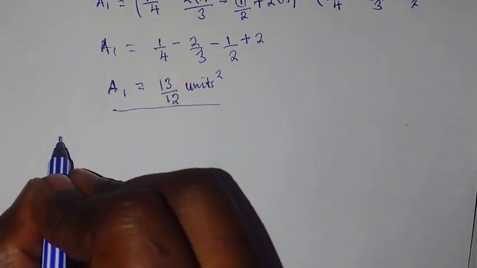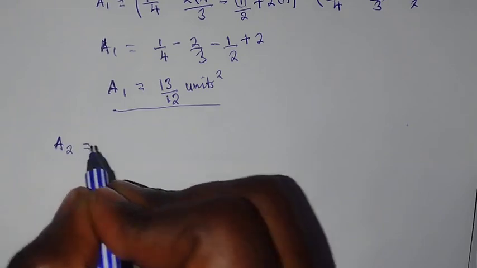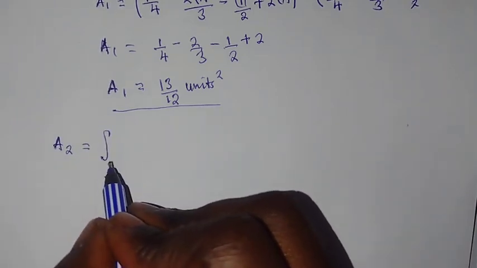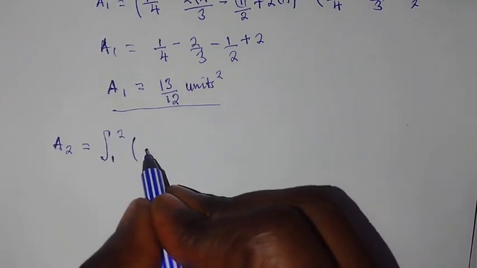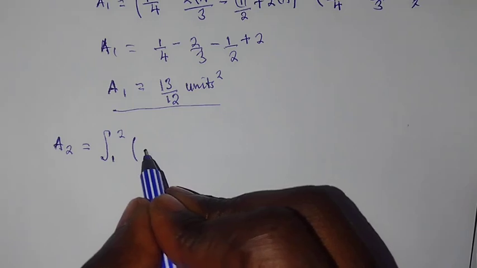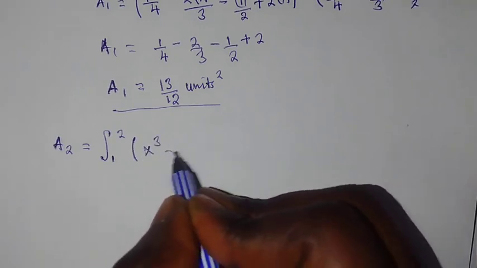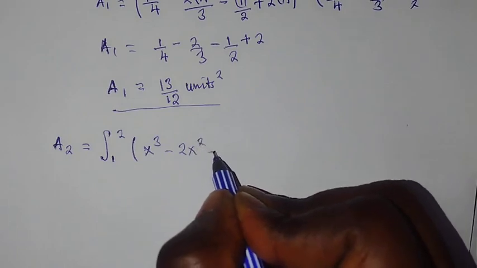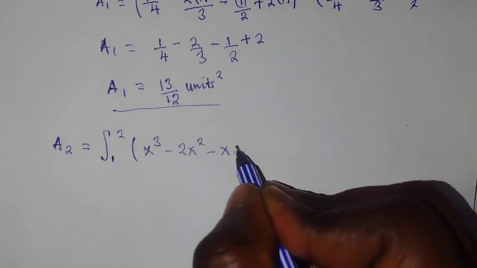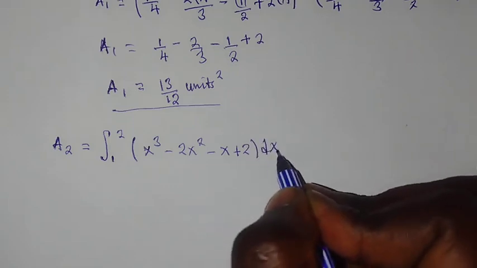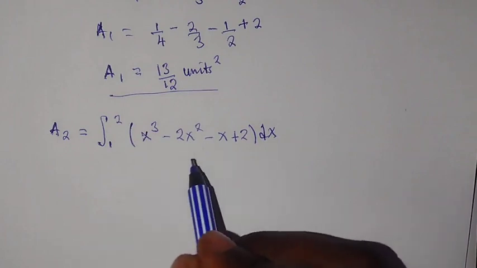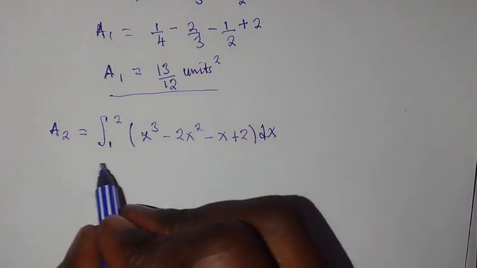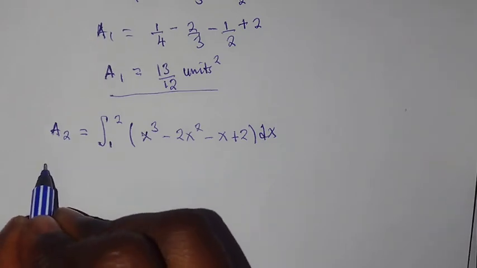So we are going to say area 2 is equal to, so the limits we have 1 to 2. Then we have this same function that we have x power 3 minus 2x squared minus x plus 2. Okay, so we integrated this function already, so there is no need for us to take time.